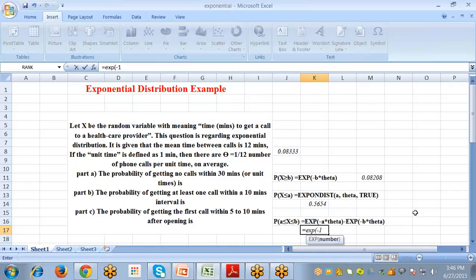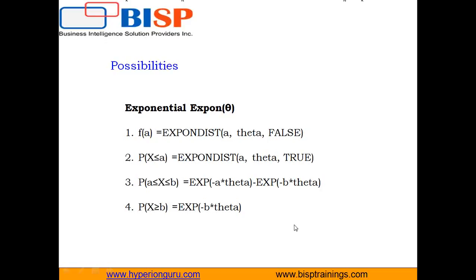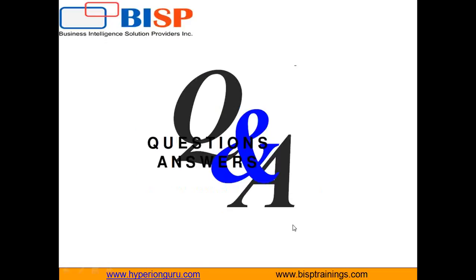So a will be 10 into lambda, and then minus EXP, b will be our 5 into lambda, and then enter. So this will be the output. So this is how exponential calculation has been done in Excel.